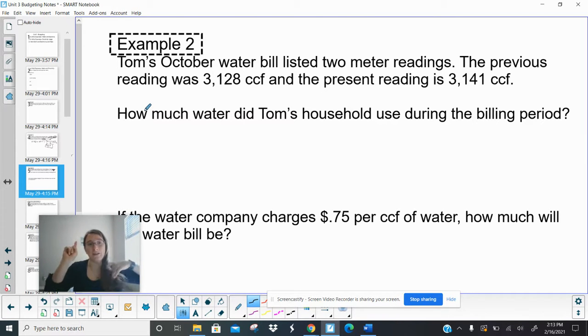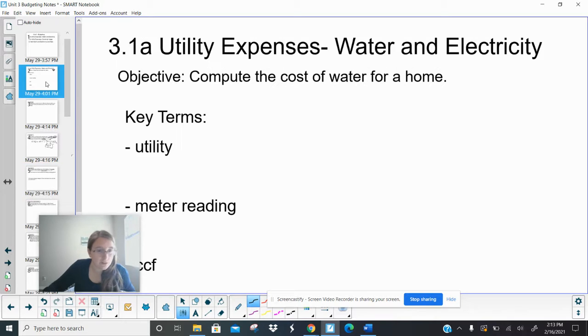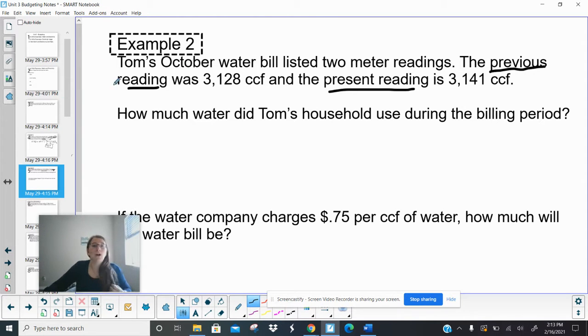However, what we're gonna talk about in this question is something called the previous reading and the present reading. Let me double check here real quick. So we talked about the meter reading, right? You have a water meter in your house. For us, it's in the front yard. There's like a little cover plate. We can take it off and we can see the meter. It's a little dial.